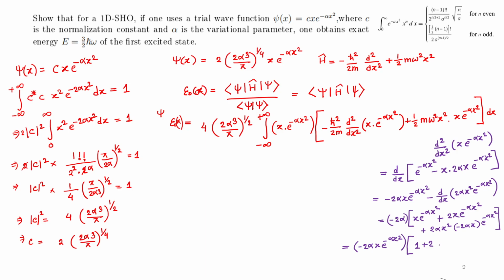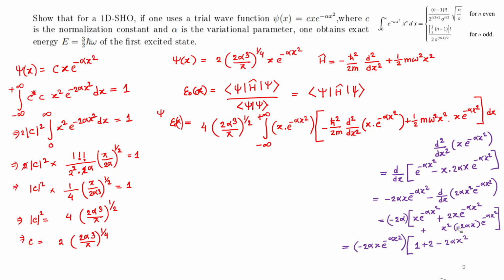And here I'm going to minus 2 alpha x square and actually 4. 2 alpha was already come, so that was a mistake.